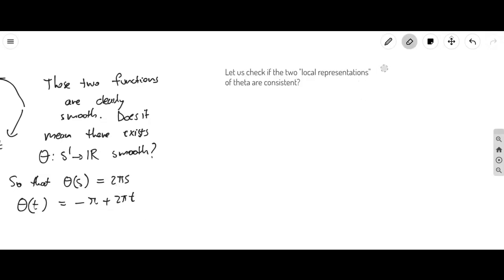So we have to do a change of coordinates. Theta of t is negative pi plus 2 pi t. Now we know that t is equal to either s plus a half or s minus a half.